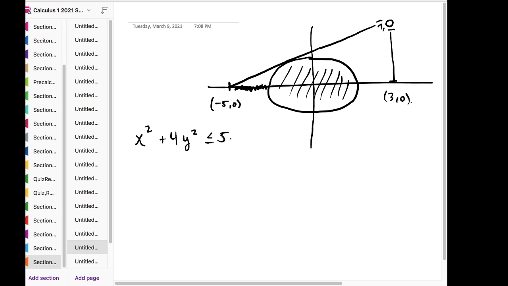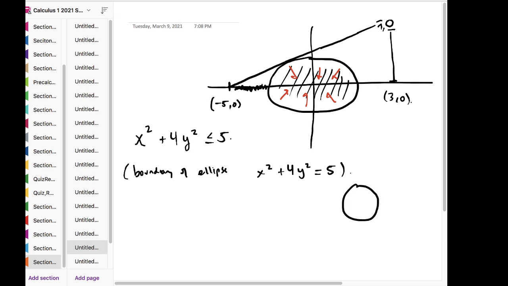Why the less than or equal to 5 bit? It just means the inside. The ellipse is actually the stuff inside, and the boundary of the ellipse is x squared plus 4y squared equals 5. By the way, you know the circle is just the outside of the circle, right?